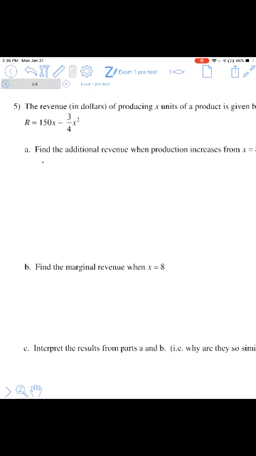So for part A, we just need to find the revenue at 8 units and compare that to the revenue at 9 units and find the difference. So the revenue at 8 units, just going to plug 8 into the revenue function.